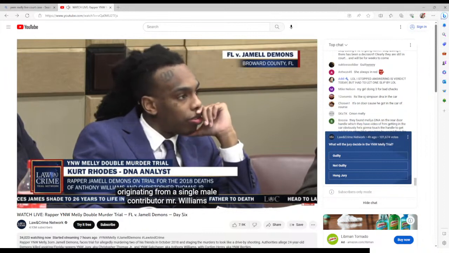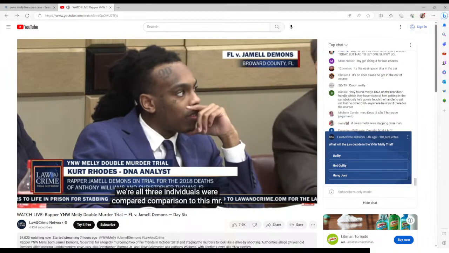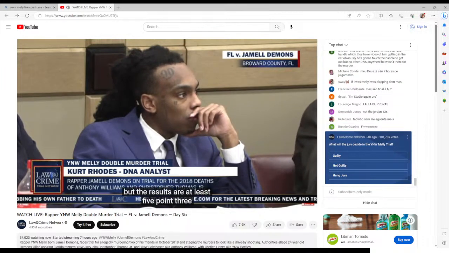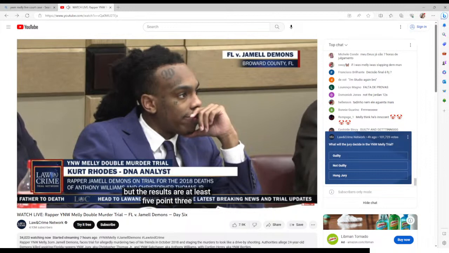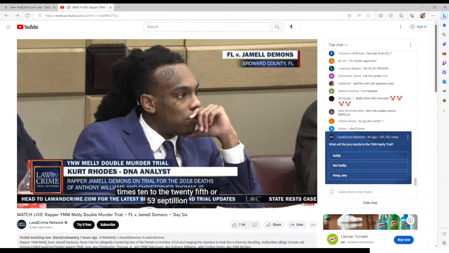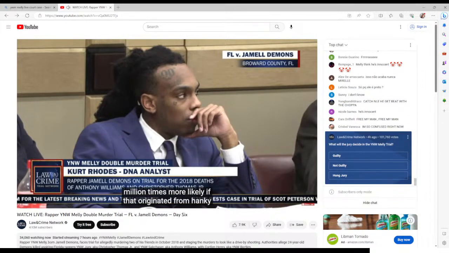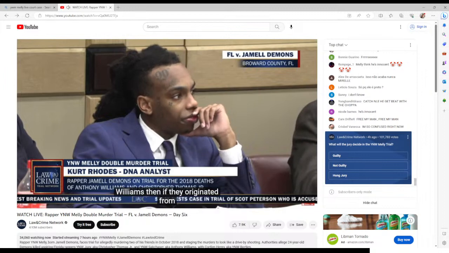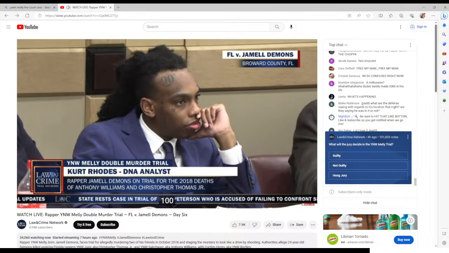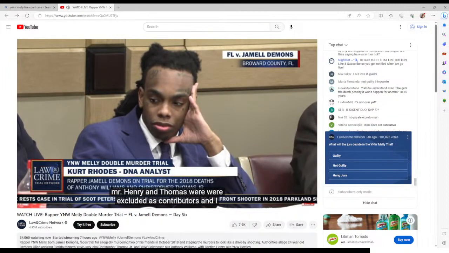Mr. Williams, where all three individuals were compared, in comparison to Mr. Anthony Williams, the results are at least 5.3 times 10 to the 25th, or 53 septillion, times more likely if they originated from Anthony Williams than if they originated from one unrelated, unknown individual. Mr. Henry and Mr. Thomas were excluded as contributors.